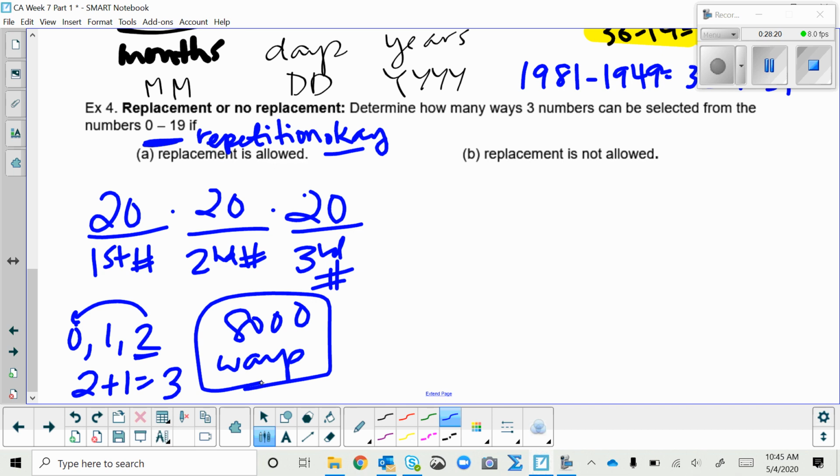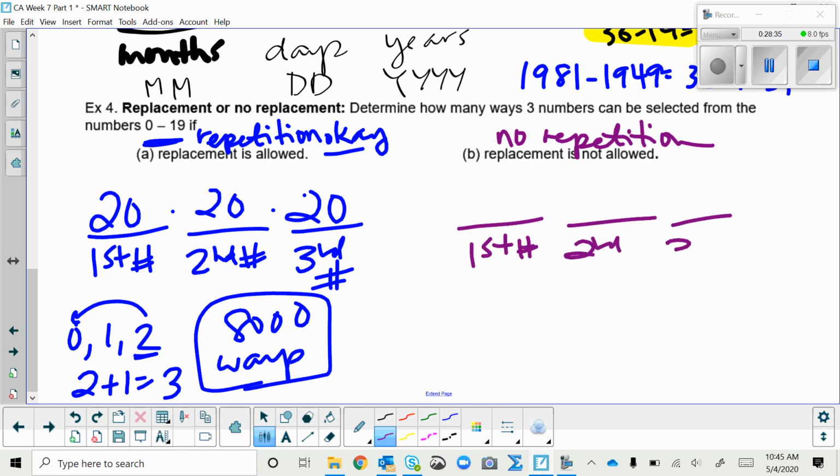So how does this look different when replacement is not allowed, which means no repetition? Well, it looks like this. There's your first number, your second number, and your third. There are still 20 options for your first number, but once this one gets decided and you're not repeating anything, how many numbers do you have optional for the second number?